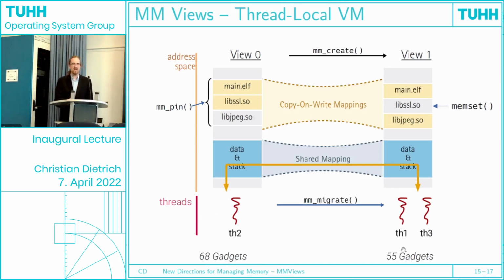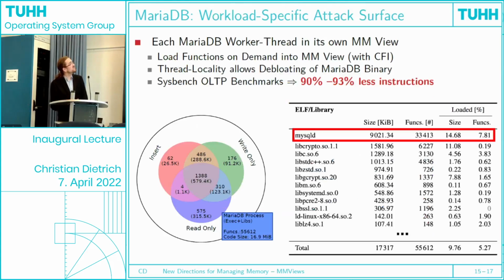We applied this technique to MariaDB. We took MariaDB and put each worker thread into its own memory management view. We not only removed individual libraries from the virtual memory surface, but wiped out individual functions from our libraries.